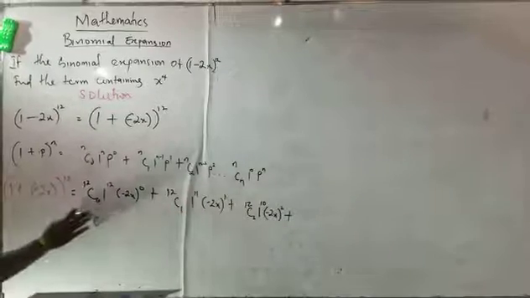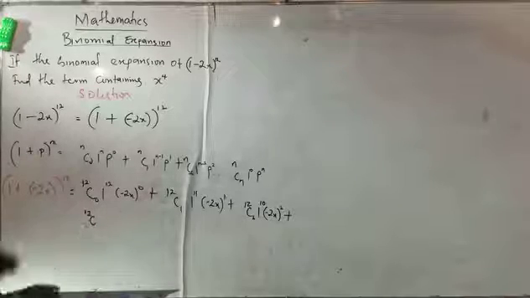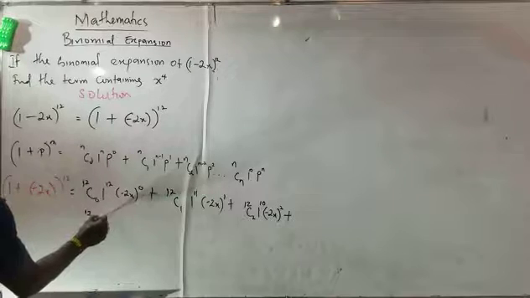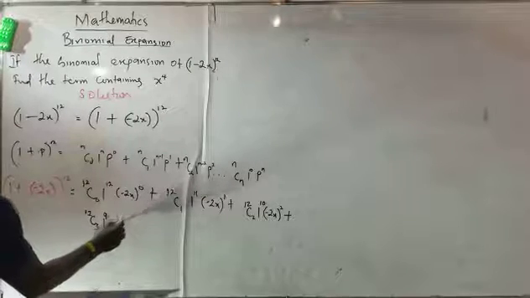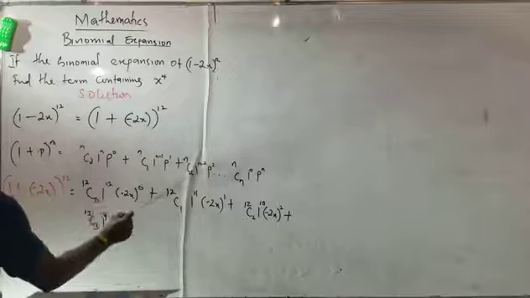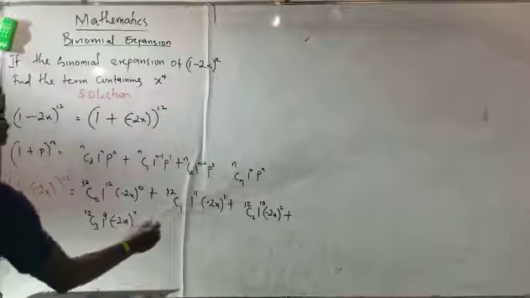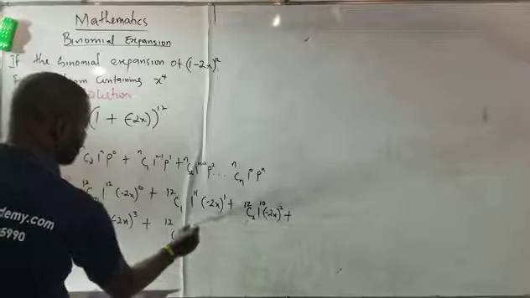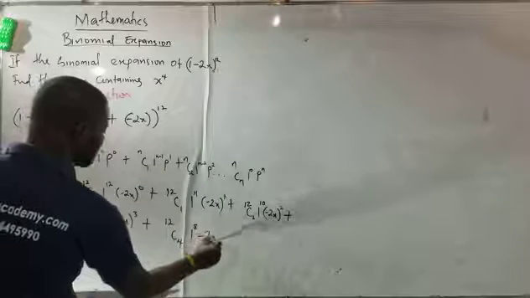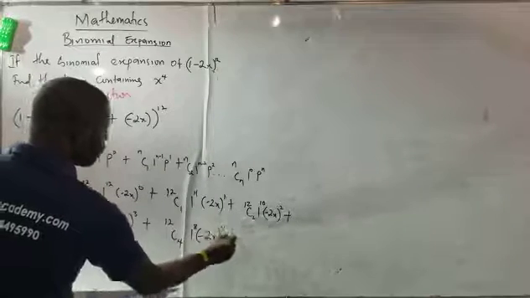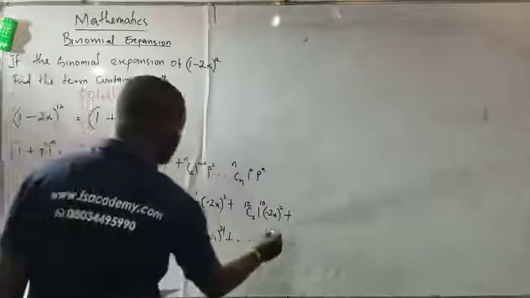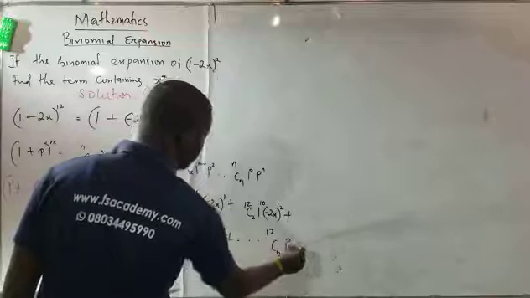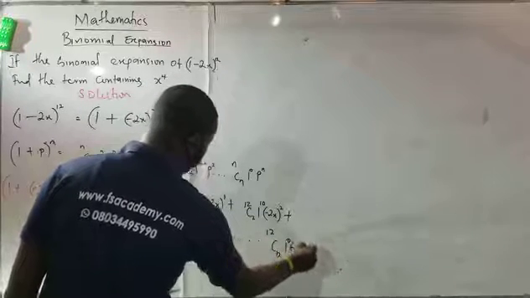Now, this is going to be 12C3 and 1 raised to power 9 and minus 2x powering 3, plus 12C4, 1 raised to power 8 and minus 2x powering 4, plus, and so on and so forth, when 12C12, and it means 1 will be powering 0 and minus 2x will be powering 12.